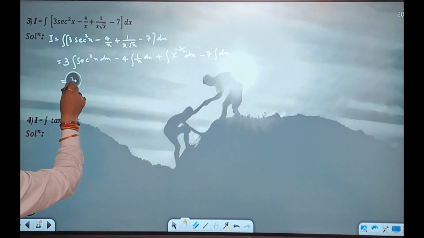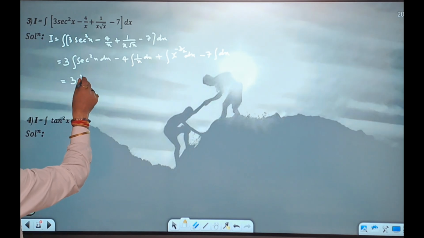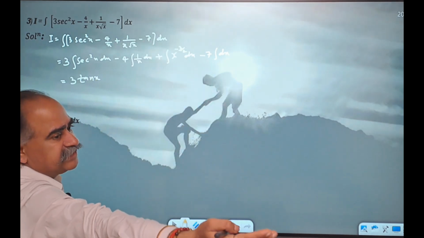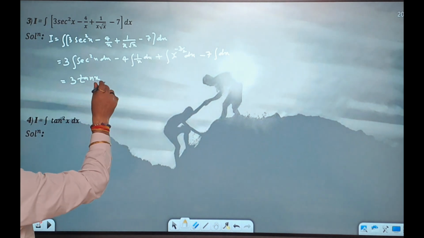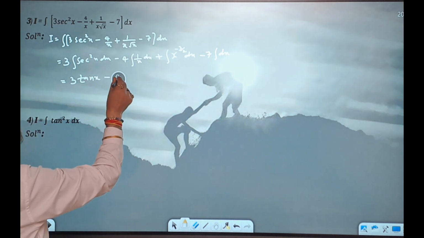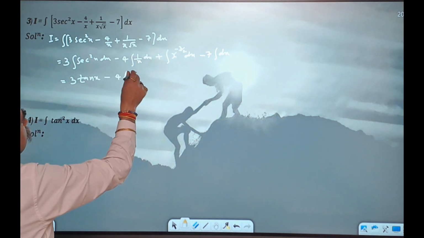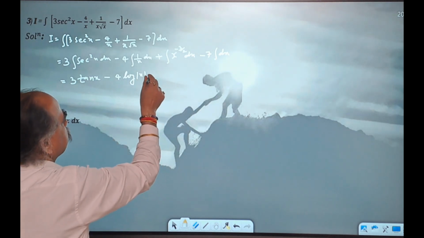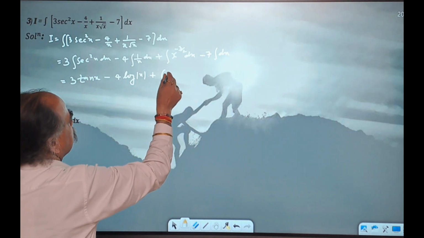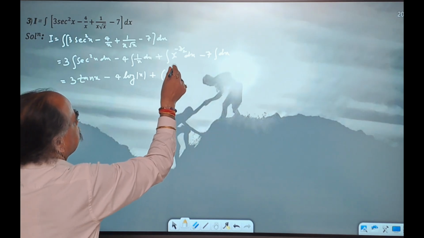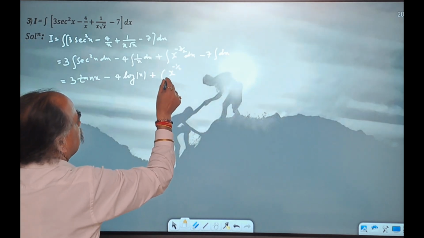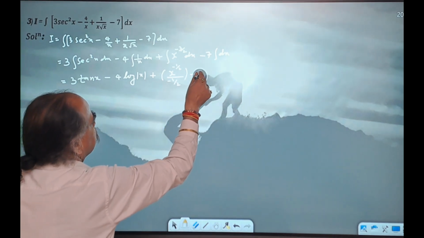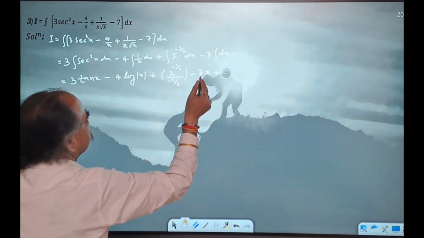Integration of sec square is what? Tan. Derivative of tan is sec square, so integration of sec square is tan. Then log mod x. Add 1 to the power divided by new power: x raised to minus half upon minus half, then 7x plus c.